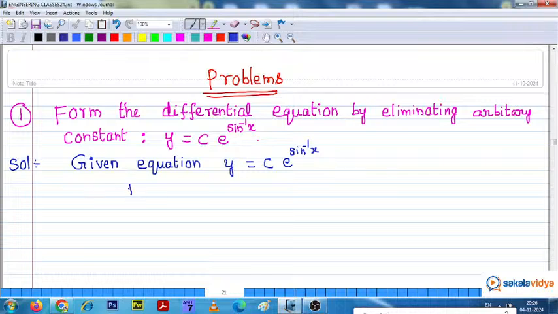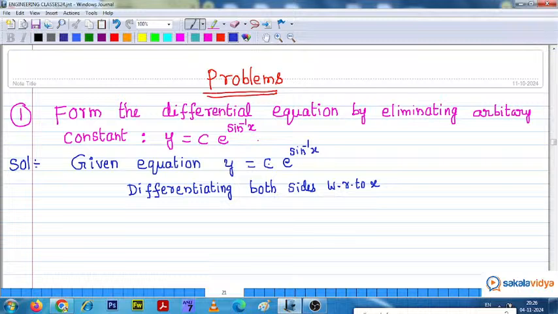So write down: differentiating both sides with respect to x, as it contains only one arbitrary constant.